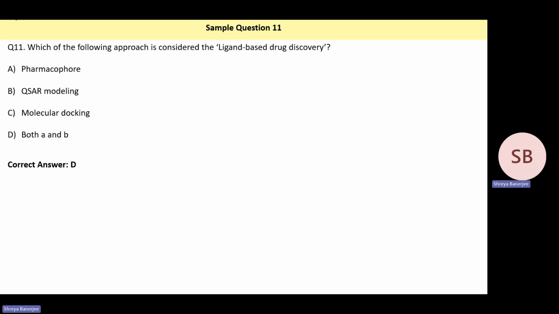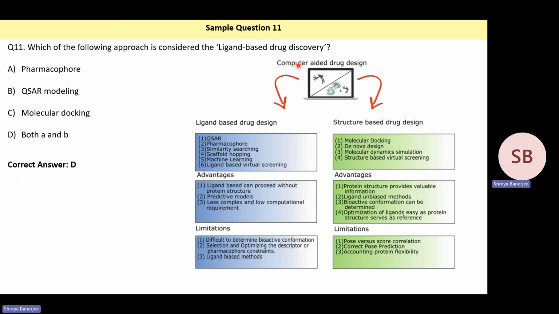So the answer here is both A and B. So rational drug design consists of two kinds of methods, ligand-based drug discovery and structure-based drug discovery.